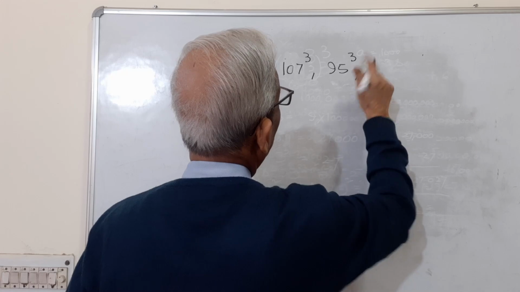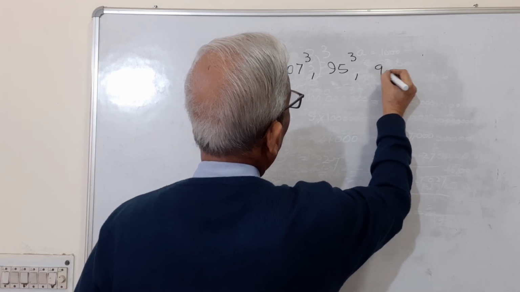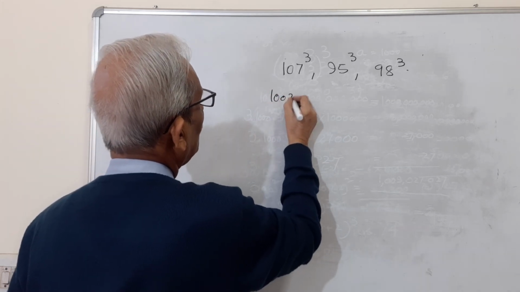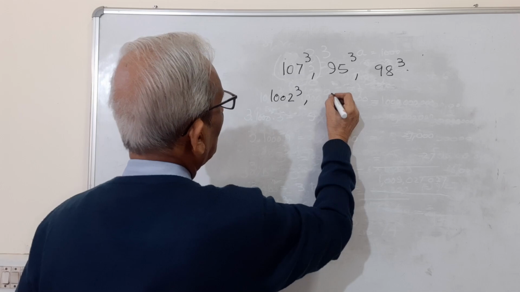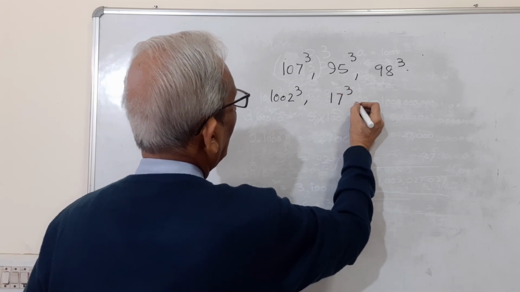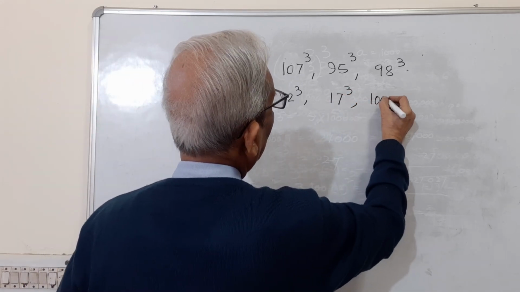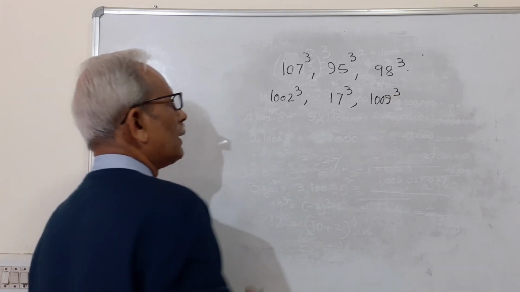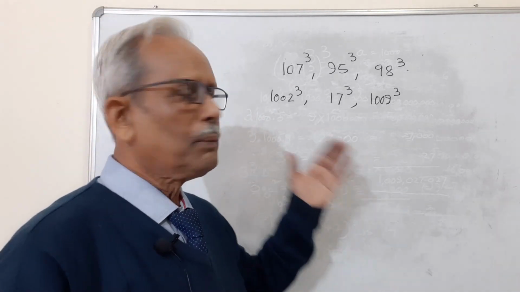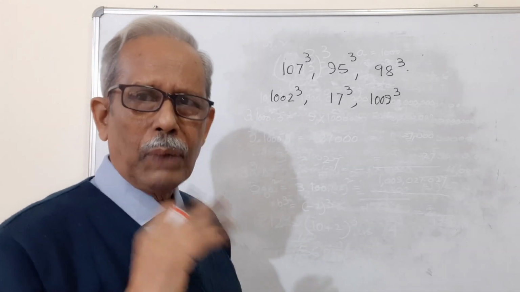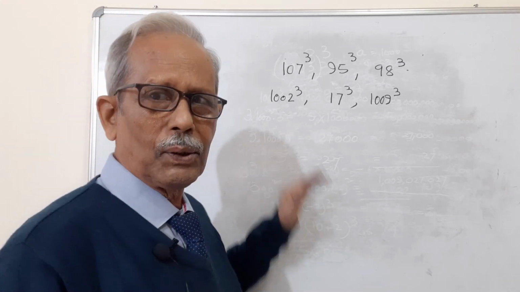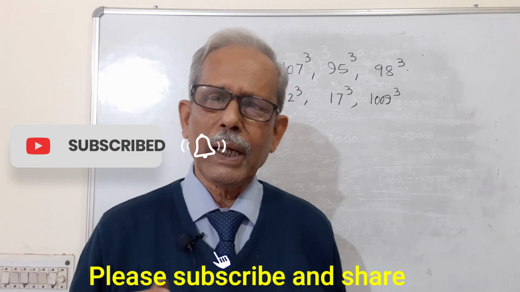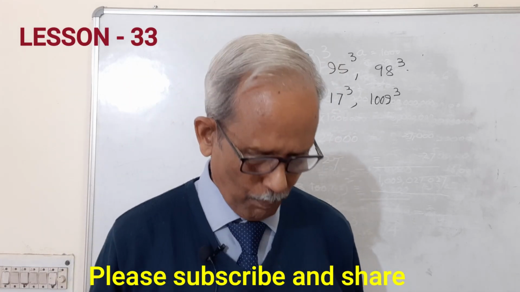Let us take an example near base, 98 cube. 1002 cube. A smaller one, 17 cube, and 1009 cube. These are the examples which you can do. If you try these questions yourself by applying the formula, which is very simple, you will understand. If you find any difficulty, please write in the comments box. I'll be happy to respond to your questions.